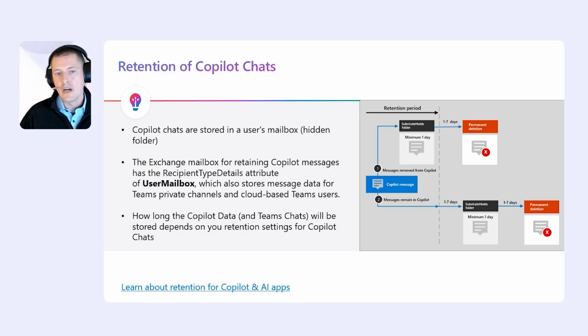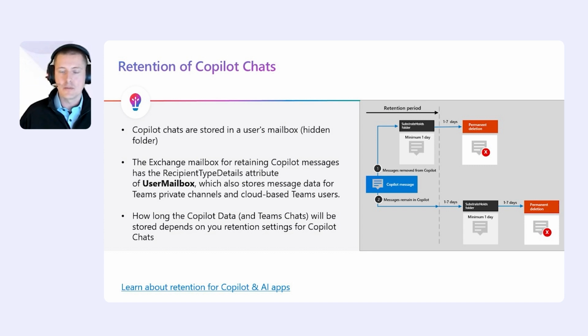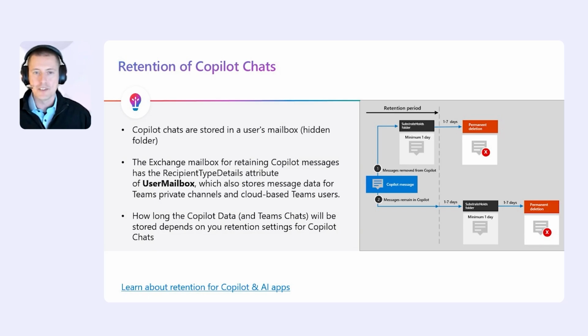If we follow option number 1, where the user actively deletes the message, this message will be moved to a so-called substrate hold folder inside the user mailbox, which is also a hidden folder, where this message needs to remain for at least 1 day. As long as this message is in the substrate hold folder, all the e-discovery tools that you're very familiar with will apply and you will be able to discover those messages.